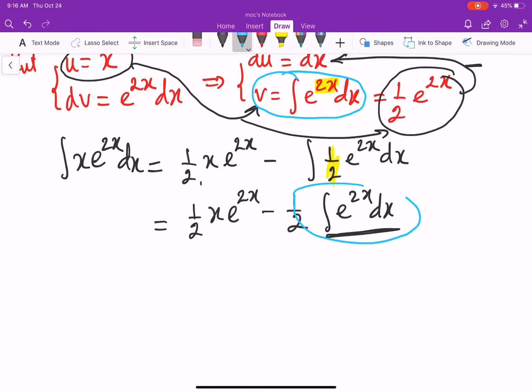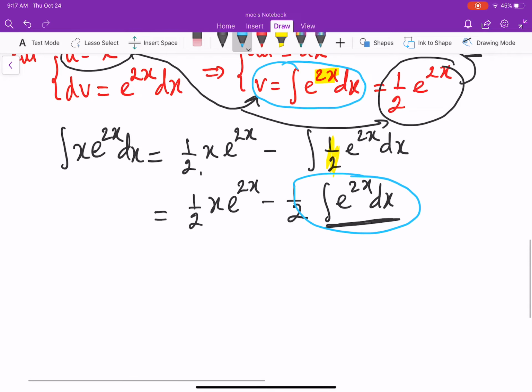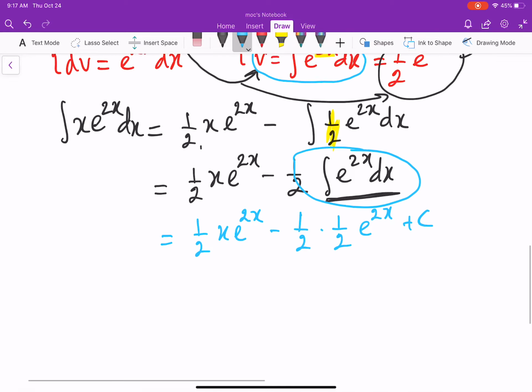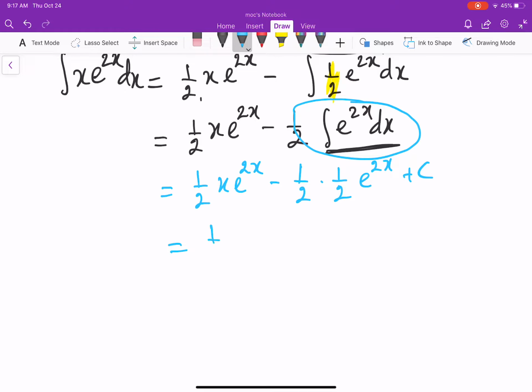So basically, you only need to copy the result from the previous step. So you get 1/2 x e to 2x minus 1/2, and the antiderivative of this is 1/2 e to 2x plus c. So you simplify that, you get 1/2 x e to 2x minus 1/4 e to 2x plus c.